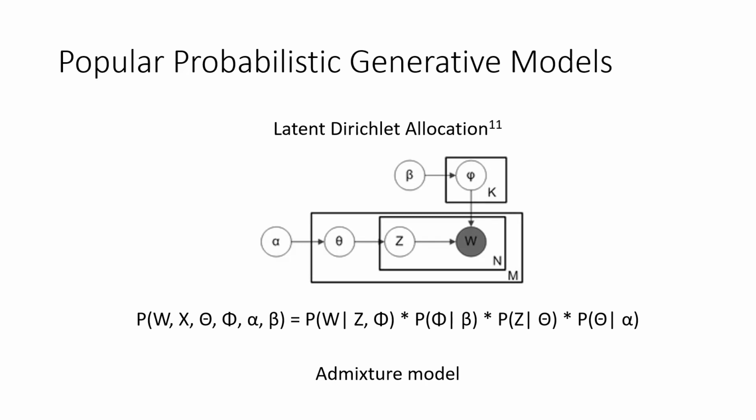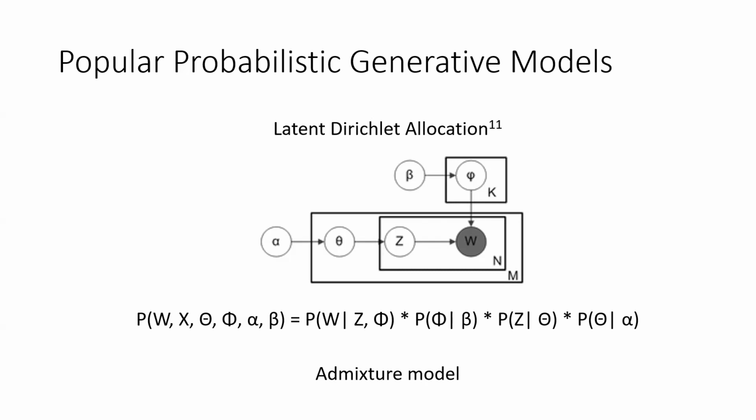The model first defines all the topics, given a number of topics. This is given to the model. It defines a probability distribution of words over each topic, and this is the top part of the schema here.